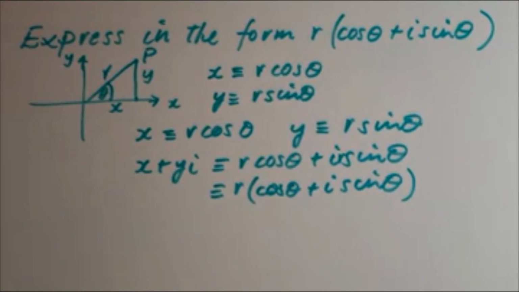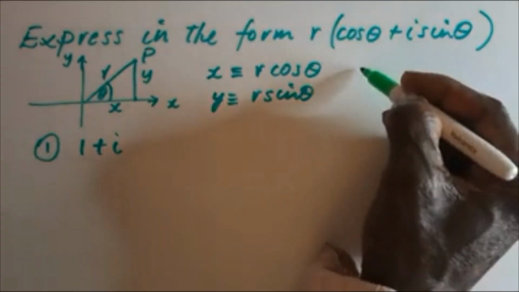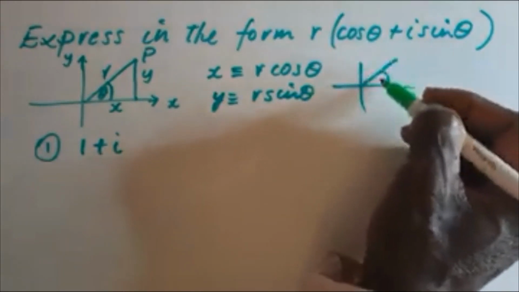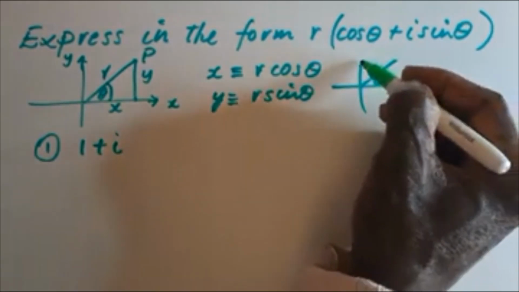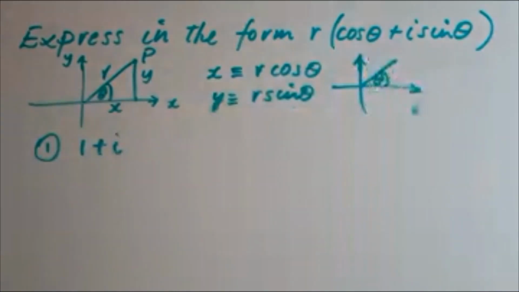Let's have a look at an example. So our complex number is 1 add i. We do a quick sketch here. That will lie somewhere in the first quadrant. We don't name these, we just leave it as x being the real and y being the imaginary axis.